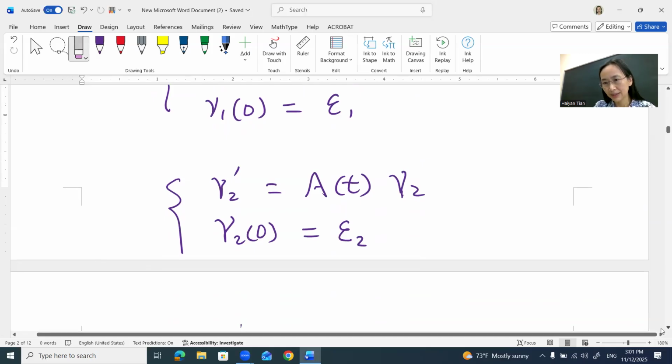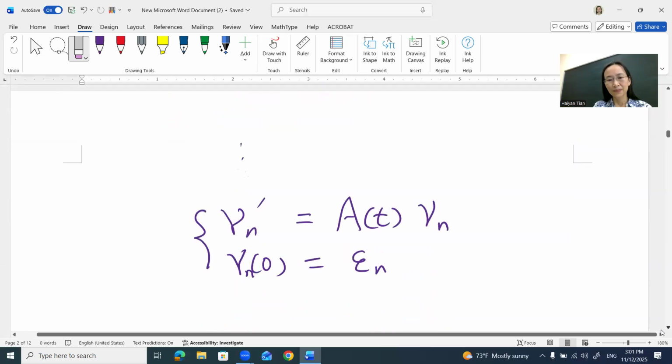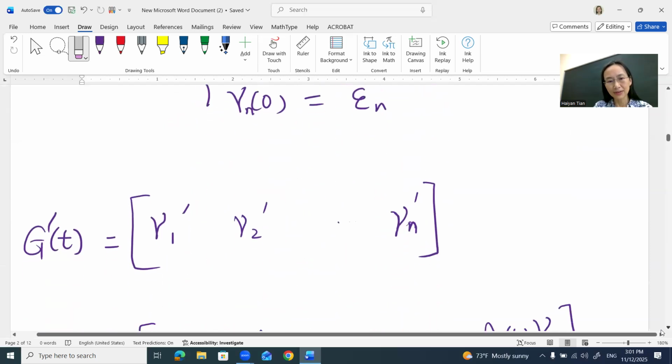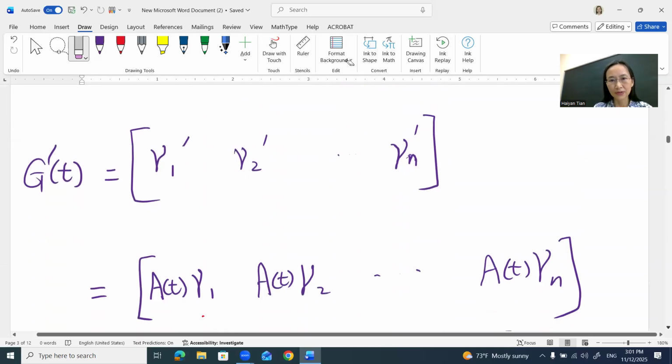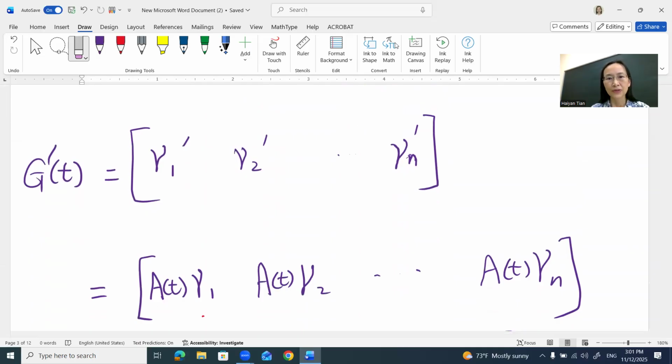Then we can quickly get the matrix equation. Because we know the derivative of this matrix is simply the derivative of each column.